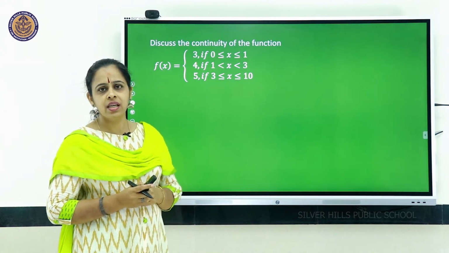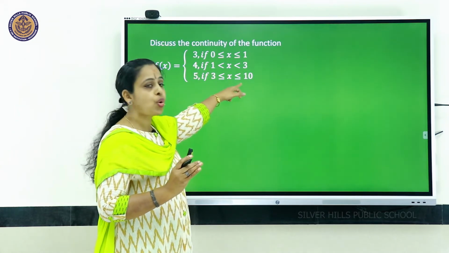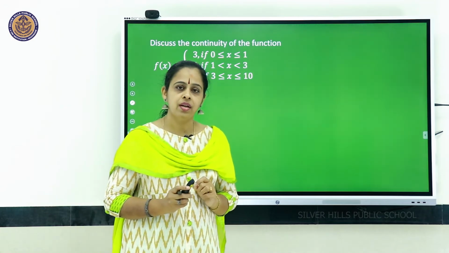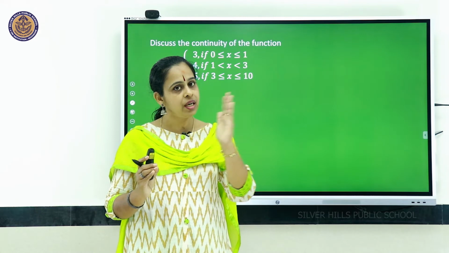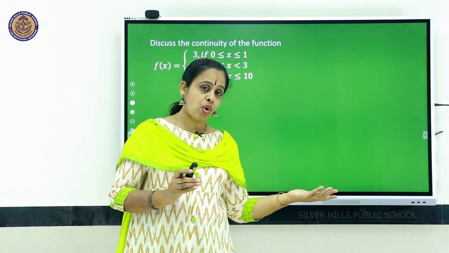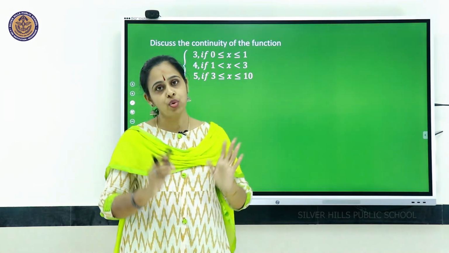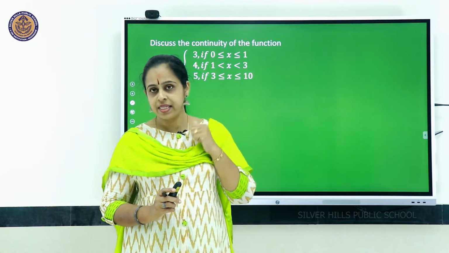Here we can see the domain is restricted to the closed interval 0 to 10. That means we have to check the continuity only between 0 and 10. Less than 0 what happens and more than 10 what happens, we have nothing to do with it.